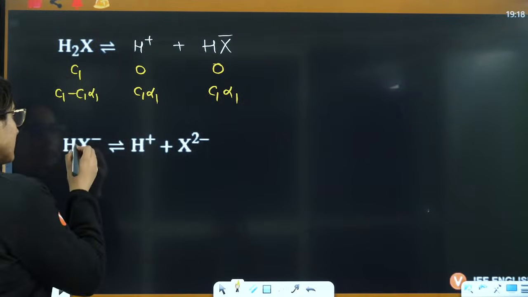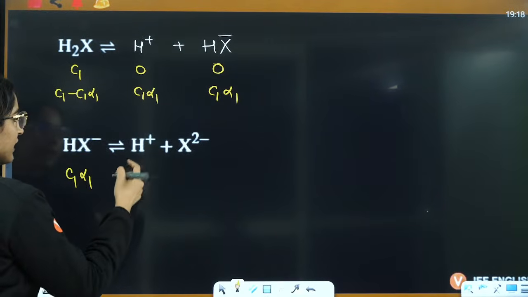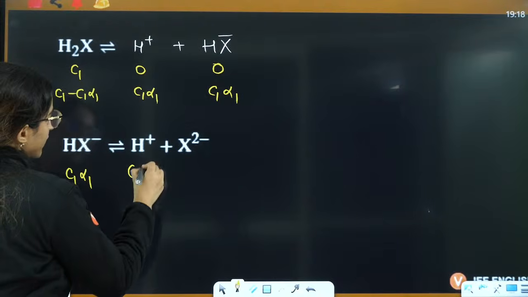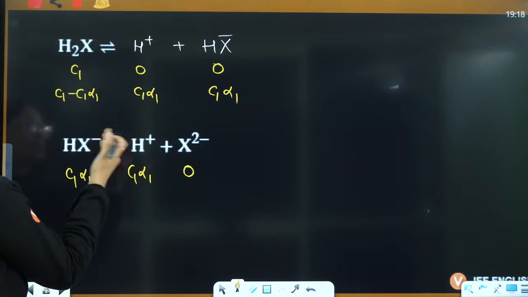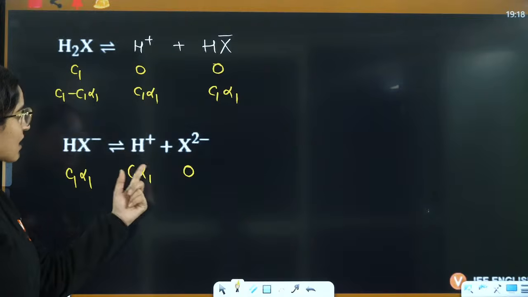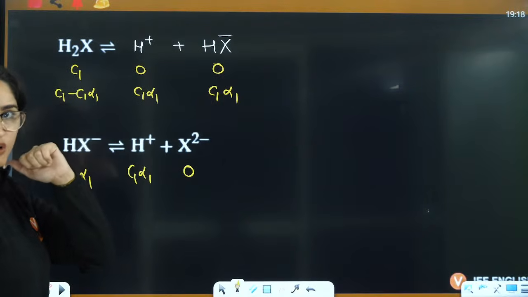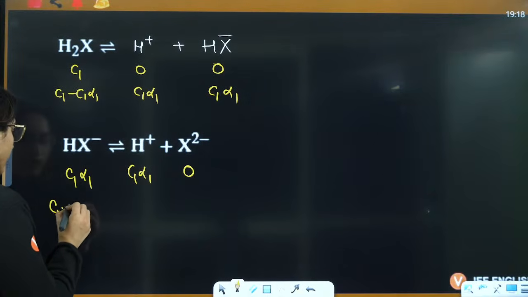Now if you see, HX here is what? C1 alpha 1. Initially, before this reaction started, the H positive was already there in the reaction, that is this much amount.